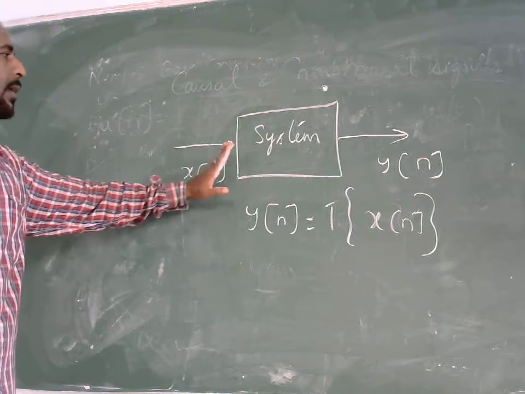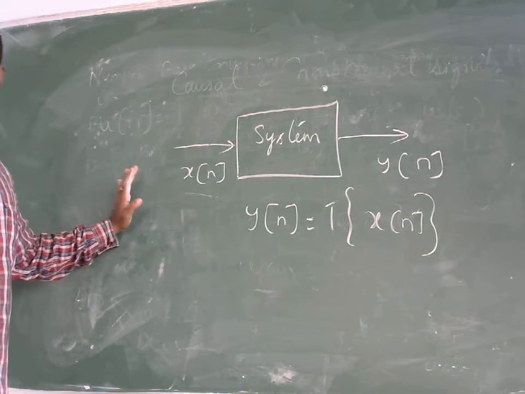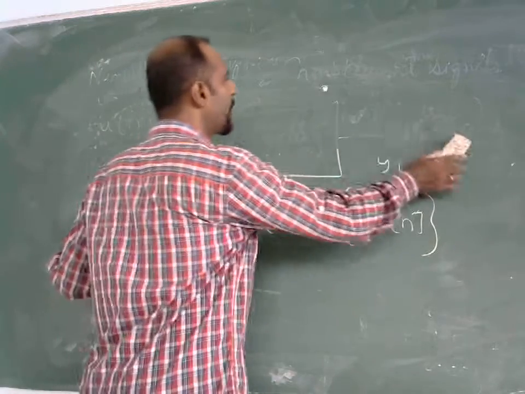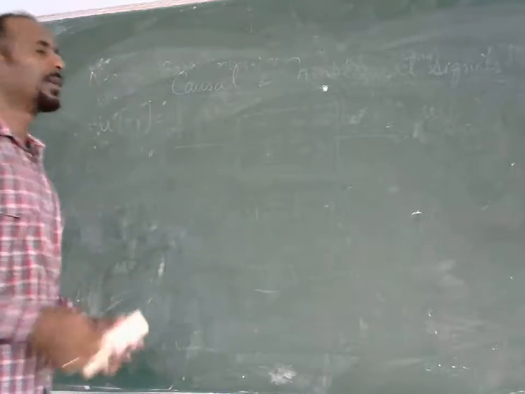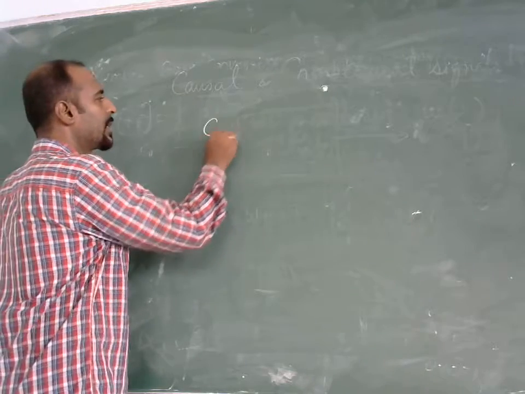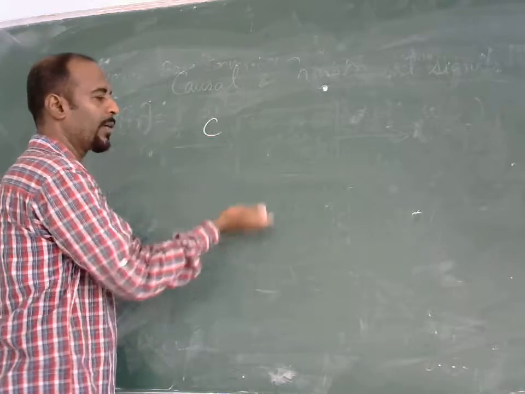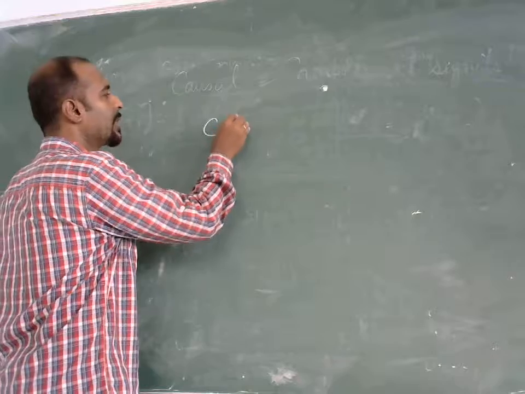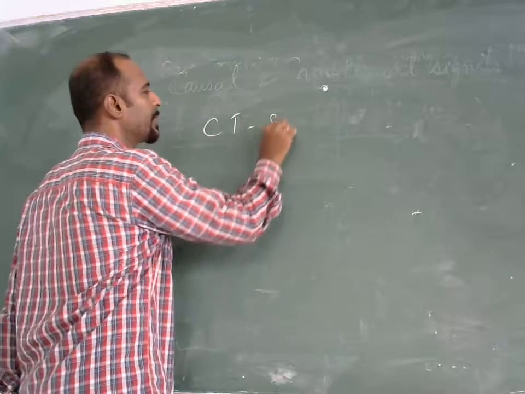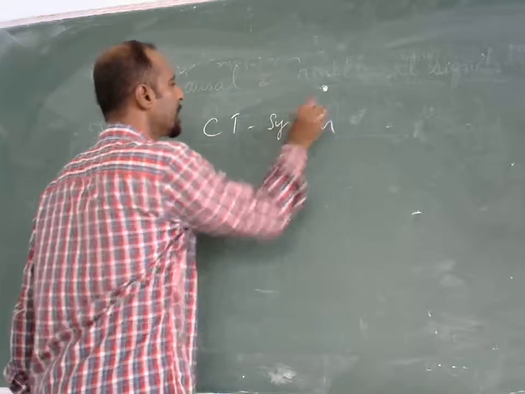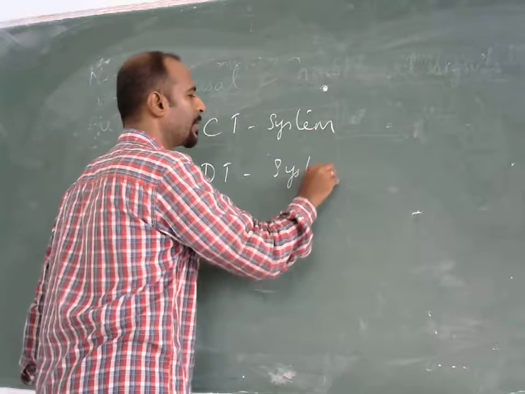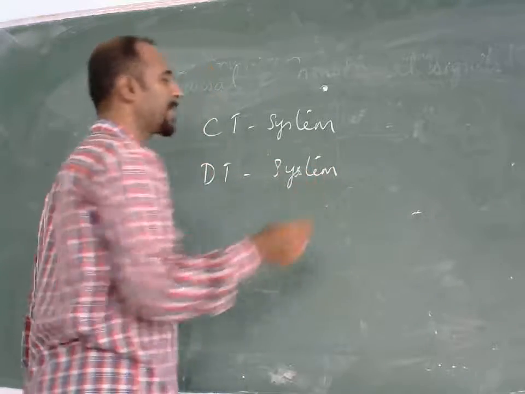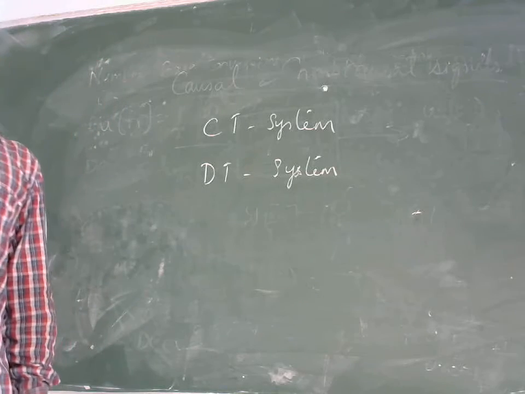Alright. Now let us take what are the different classifications of the system. So there are different classifications of the system. The first classification is continuous time system and discrete time system, as we had already discussed. What do you mean by a continuous time system?